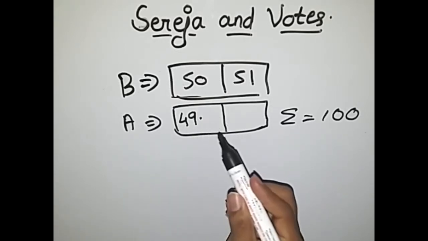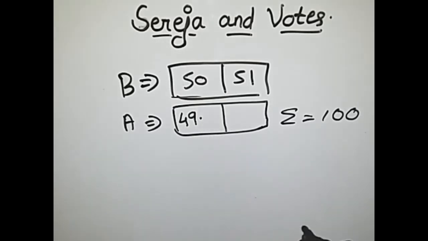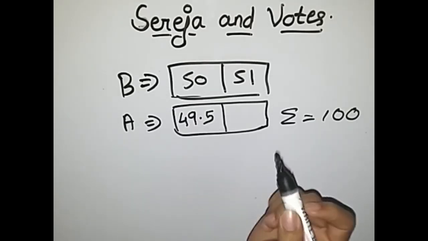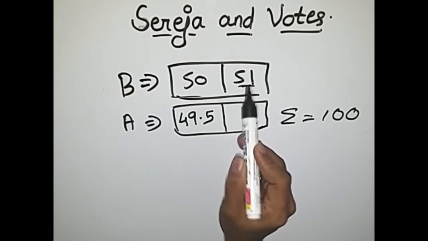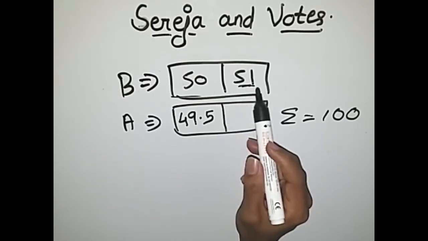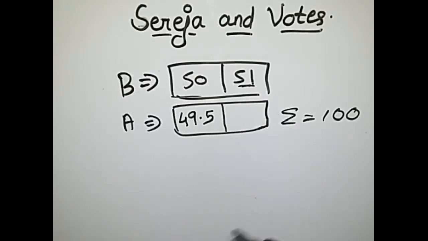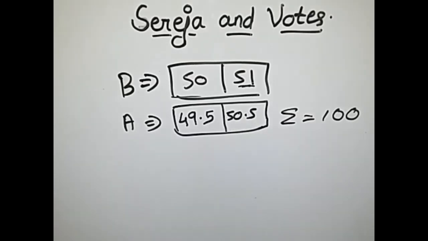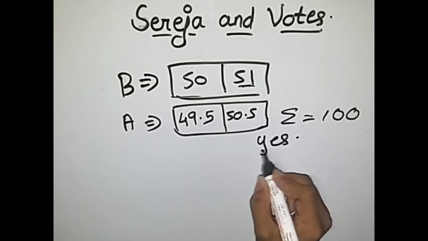Let's take 49.5, and this value can be 50 point something or 51. After rounding off it will become 51, so let's take 50.5.